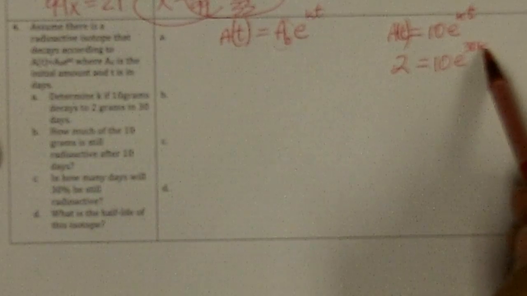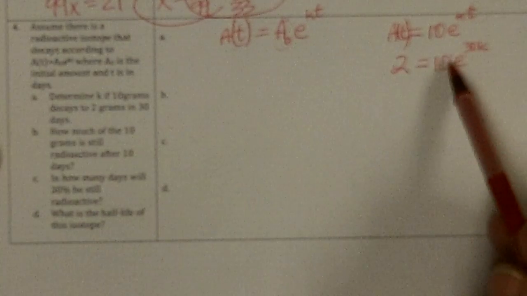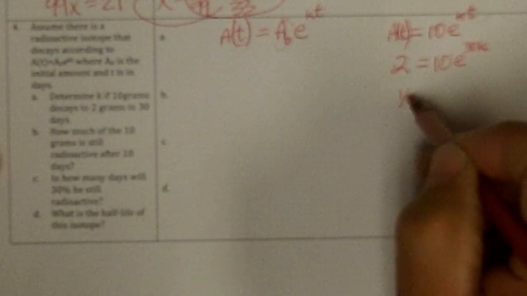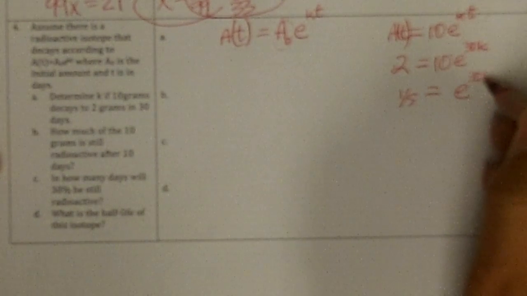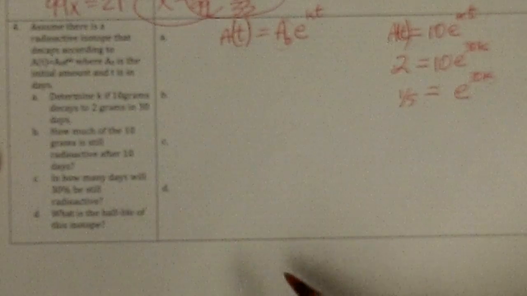Now to solve for K, let's get rid of the multiplied thing first. So we'll divide by 10, and so we get 1/5 equals e to the 30K. The unknown is a power, so I write this as a log.